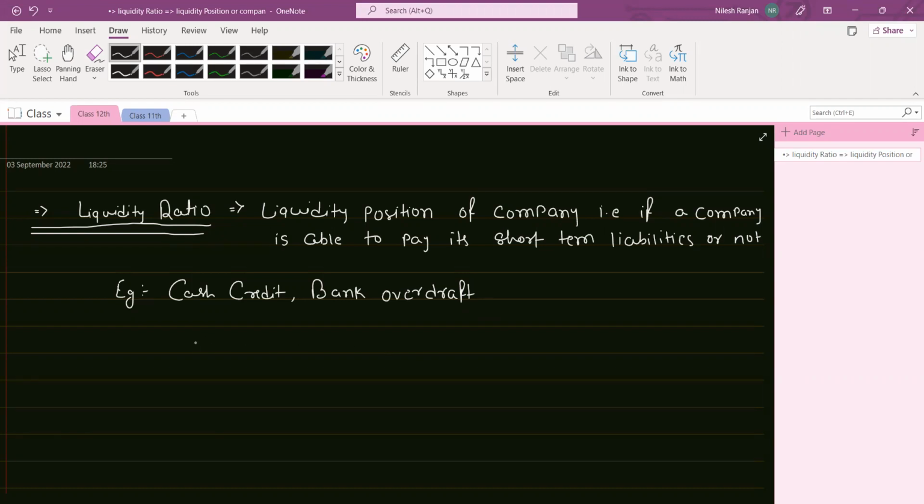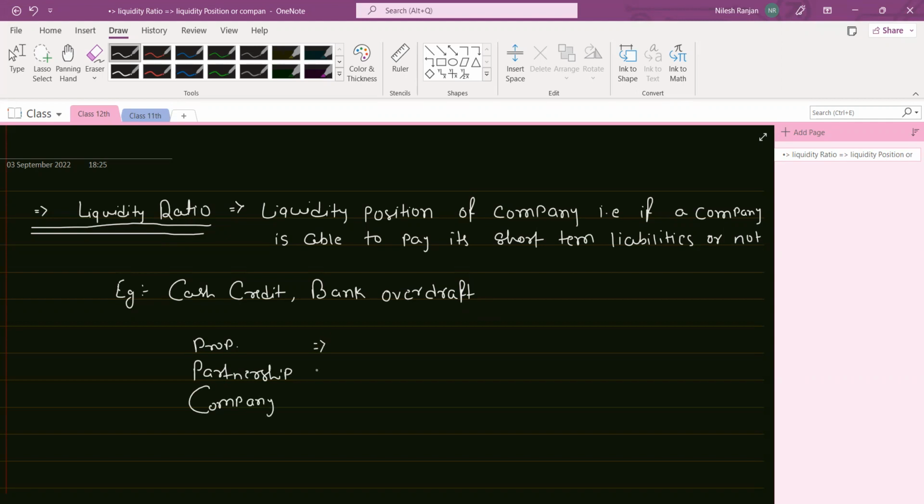There are 3 forms of business: sole proprietorship, partnership, and company.